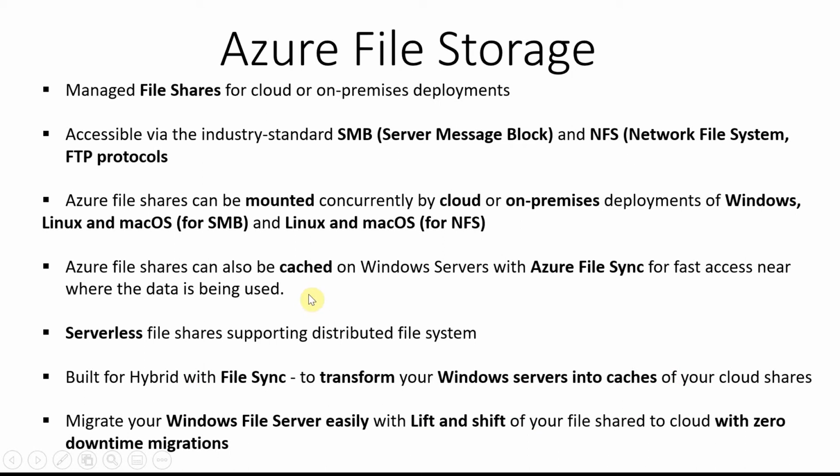Of course, there are some issues, especially if you see a hybrid scenario. Mostly people will be using Windows machines in the on-premise world, but they want to store files, and it's a cloud solution, right? So for that, Microsoft came with a solution called File Sync. If you want to use this file server in the on-premise world, there's always a latency issue, right?